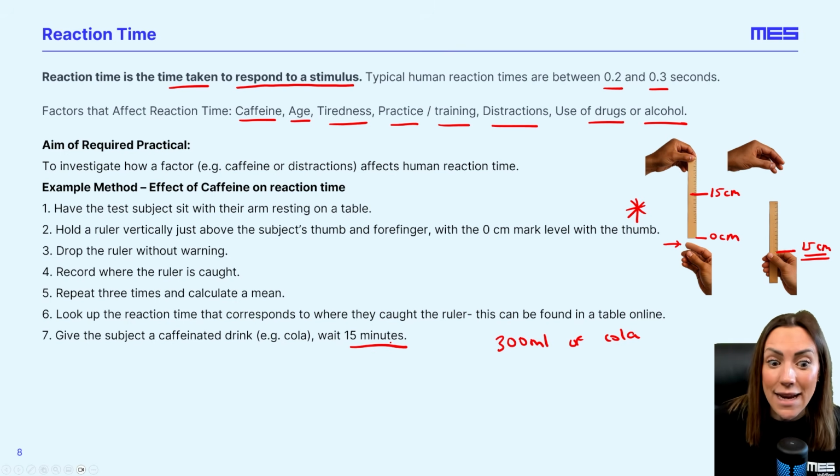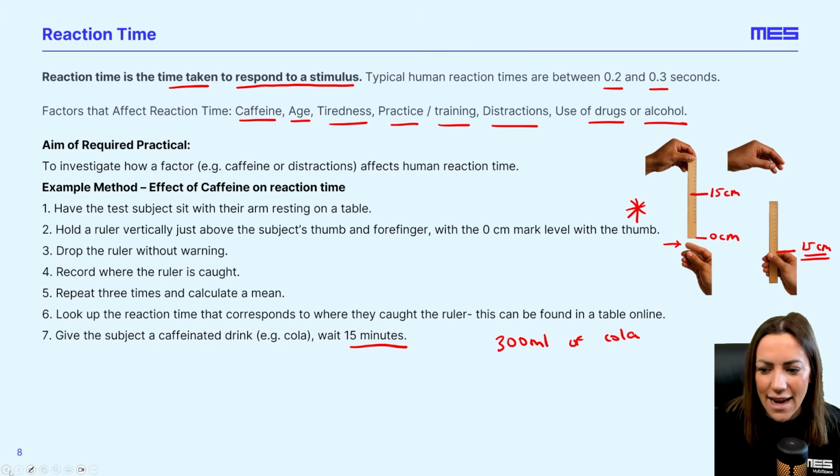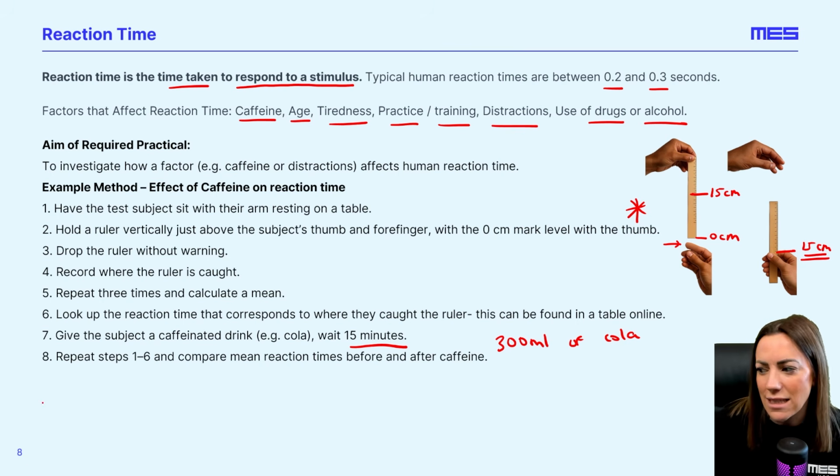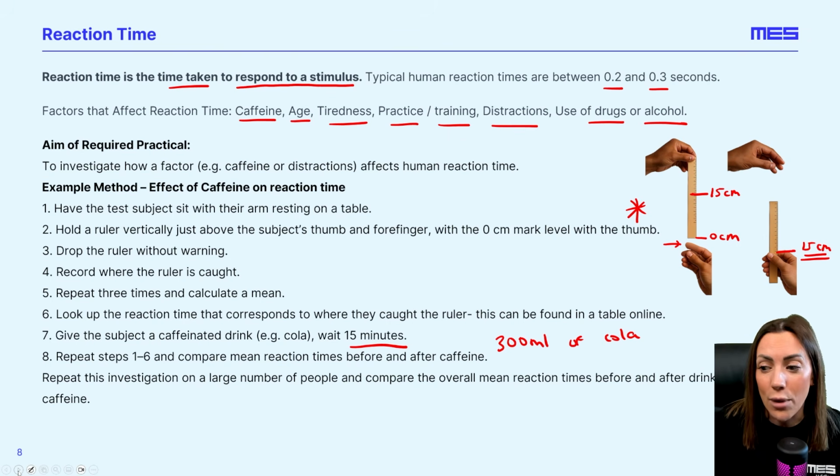Wait 15 minutes, obviously to have the time for that caffeine, that stimulant, to take effect, and then you would repeat the whole investigation. So you do the same ruler drop test, controlling all necessary variables. And again, you'd repeat it another 3 times, making sure you get the mean distance where they caught the ruler and figuring out what reaction time that equates to by looking it up online.